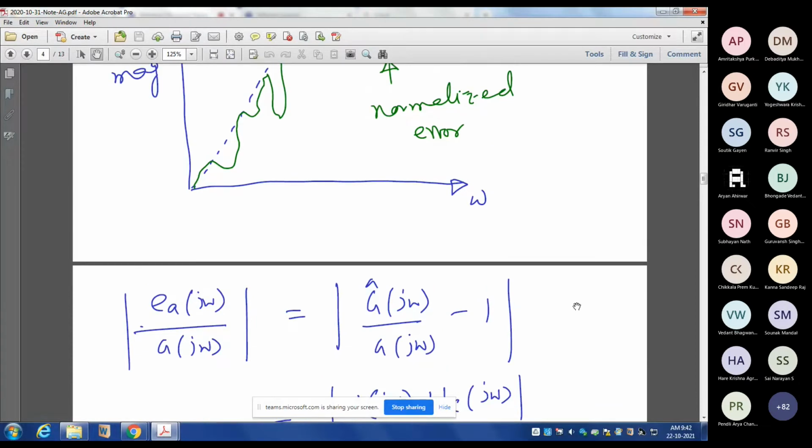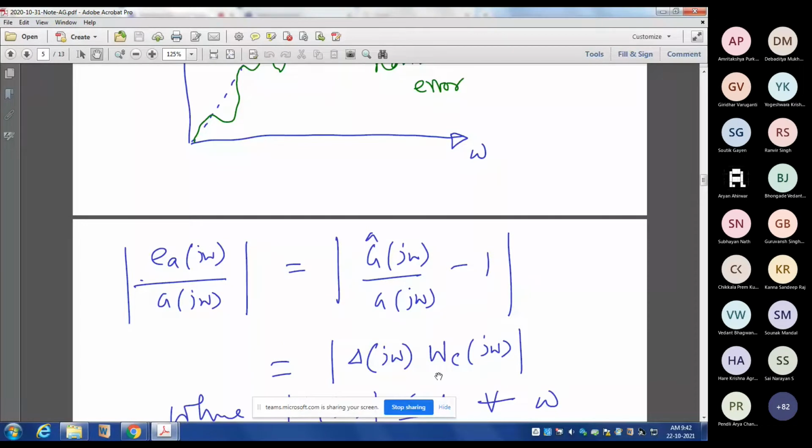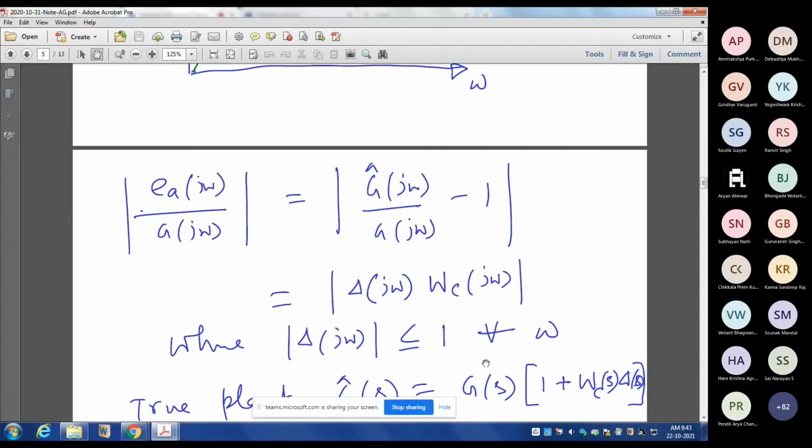So if I want to make it equal to something, that means your delta j omega should be less than or equal to 1. Otherwise it will not be less than or equal to WC j omega. So I have made it equal where delta j omega is less than or equal to 1 for all omega.